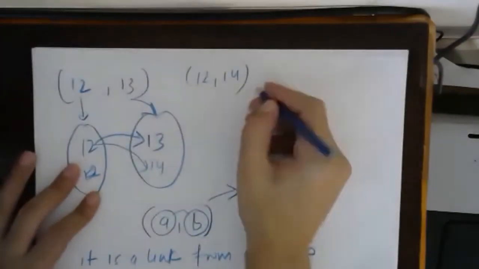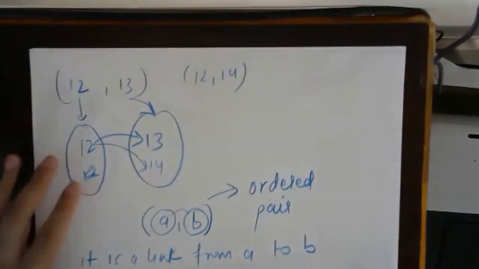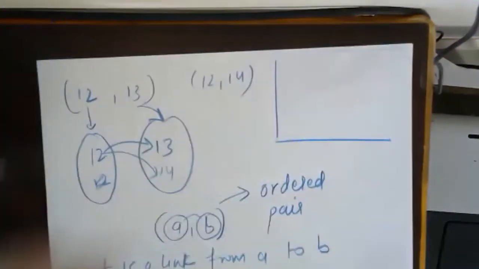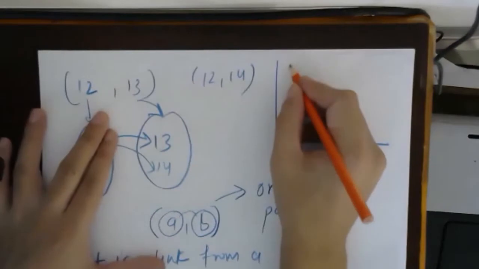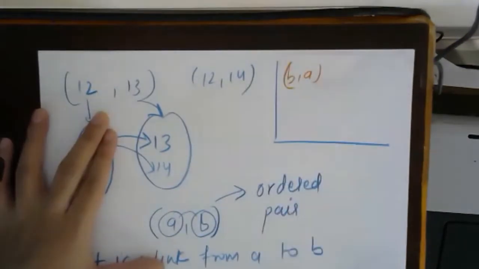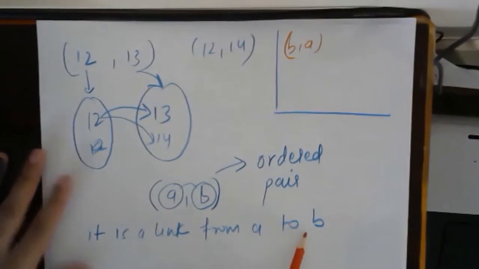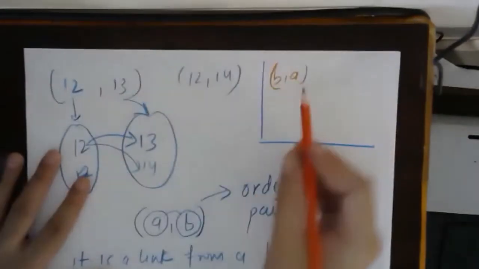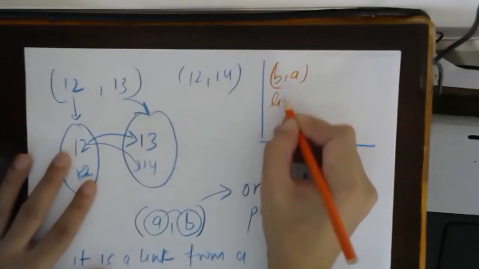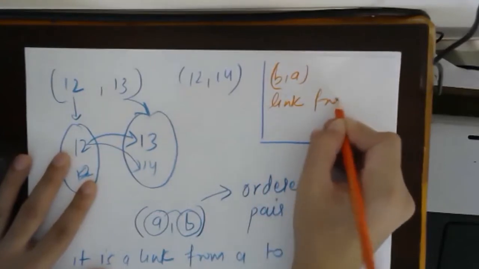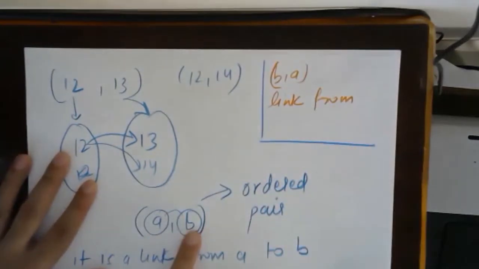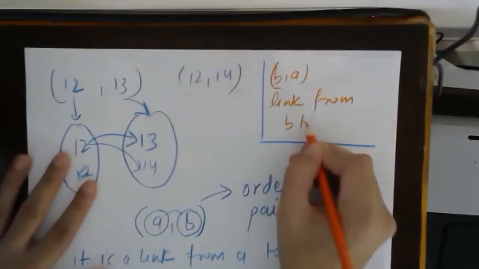Now suppose I write b comma a. If this was a link from a to b, what will this be? This is a link from b to a.